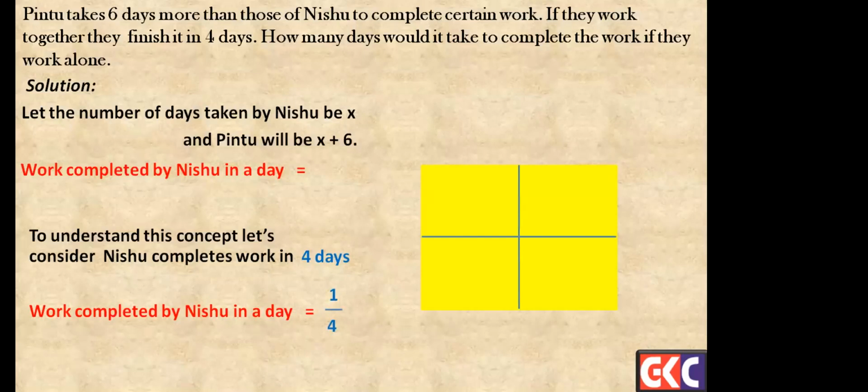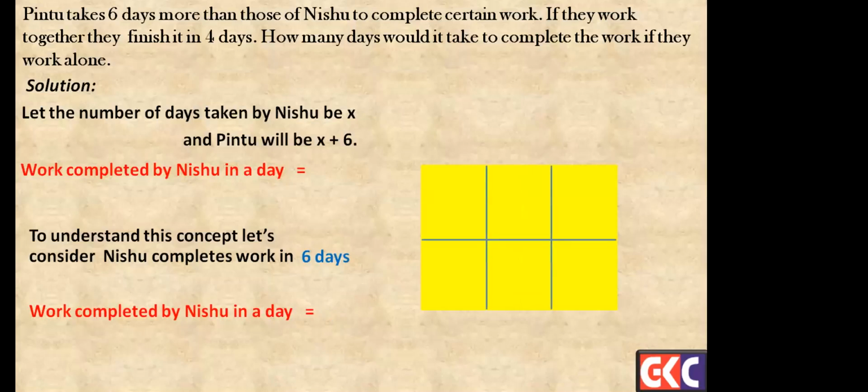Fine. Okay, let's say not 4 days, he is completing the work in 6 days. If he is completing the work in 6 days, what will happen now? The work is the same. Now if he completes it in 6 days, divide this work, this box, into how many parts? Obviously, I have to divide it into 6 parts.